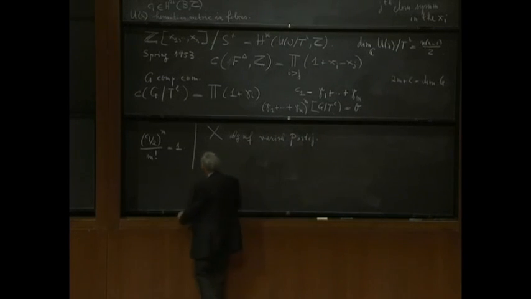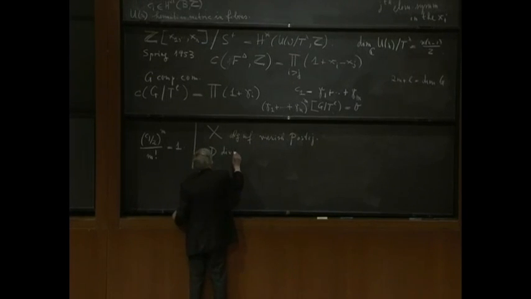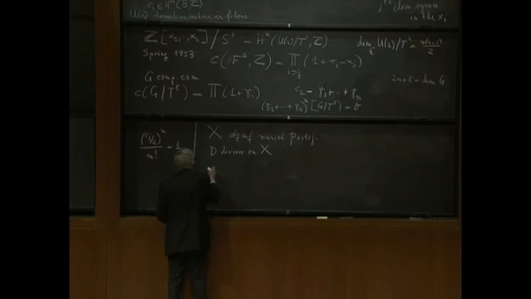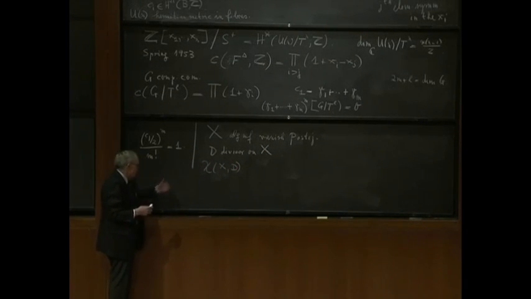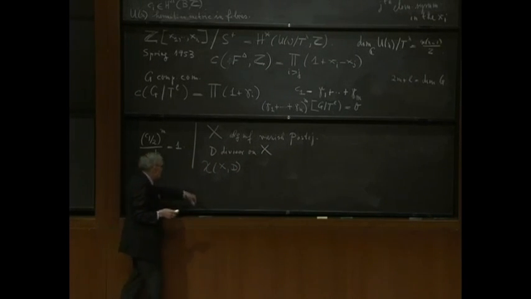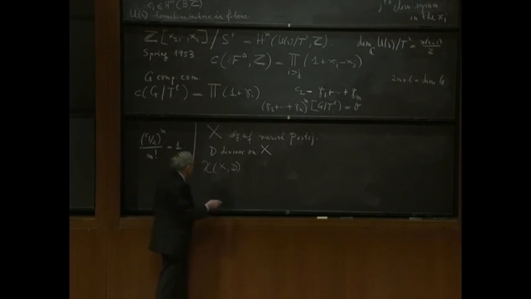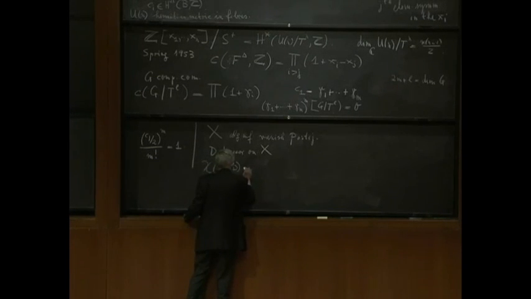And then let D be a divisor on X, and take the holomorphic Euler number of X with respect to the divisor D. Well, I just say now that Riemann-Roch expresses this number in terms of all the characteristic classes.